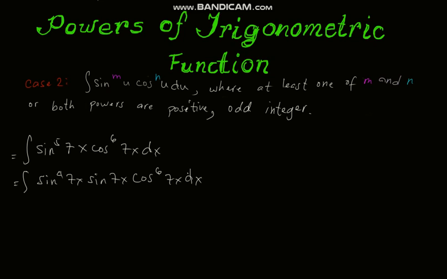So I can still rewrite this sine raised to 4 as sine squared 7x raised to 2 times sine 7x times cosine raised to 6 7x dx.